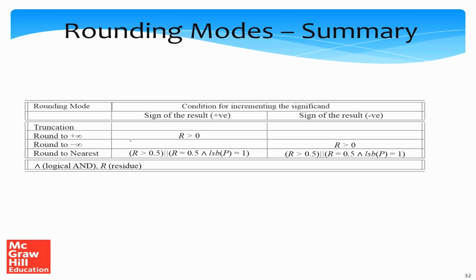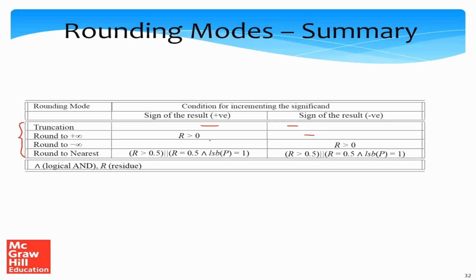So these are all the conditions for all the 4 rounding modes. Truncation means do nothing. Do nothing means keep the significand as is, get rid of the residue. In all cases we get rid of the residue, but here we keep the significand as is. Round to plus infinity, we check if the residue is non-zero, and of course the sign is positive. If the sign is negative, again we do nothing.